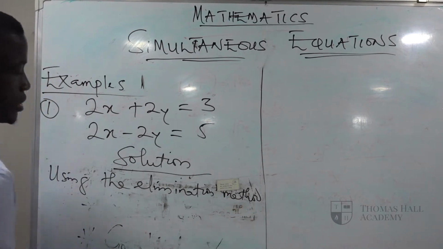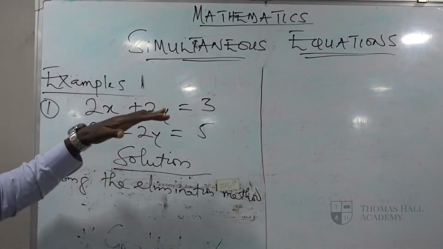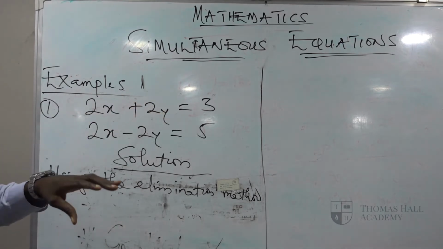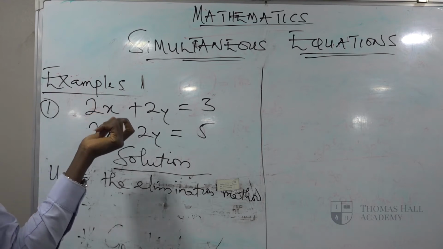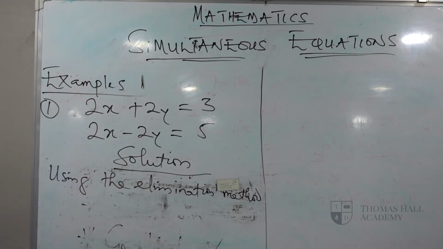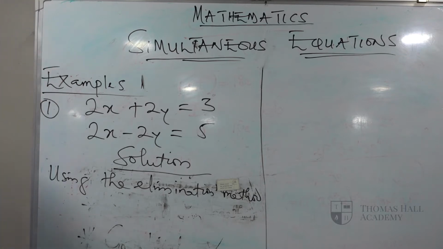The essence of using these two methods is just to point out that whatever method you use, you will get the same values for x and y. The examiner will not force you to use a particular method. Whatever method you find easier, you can use.